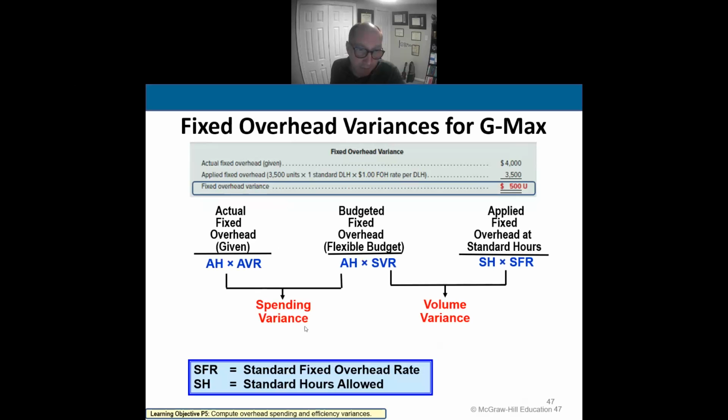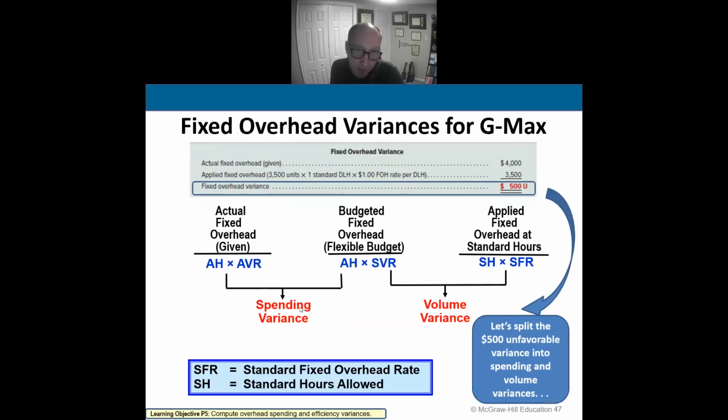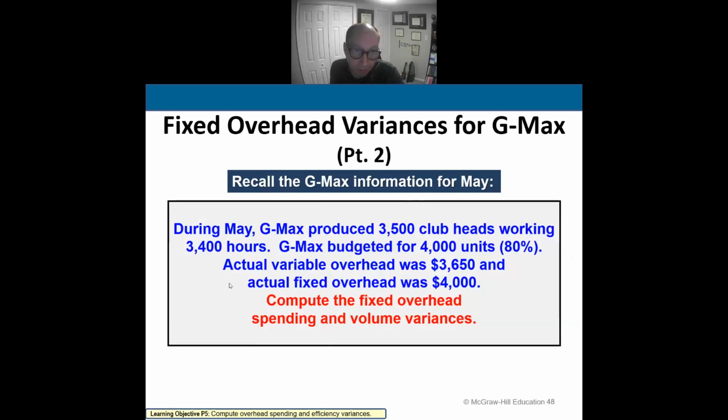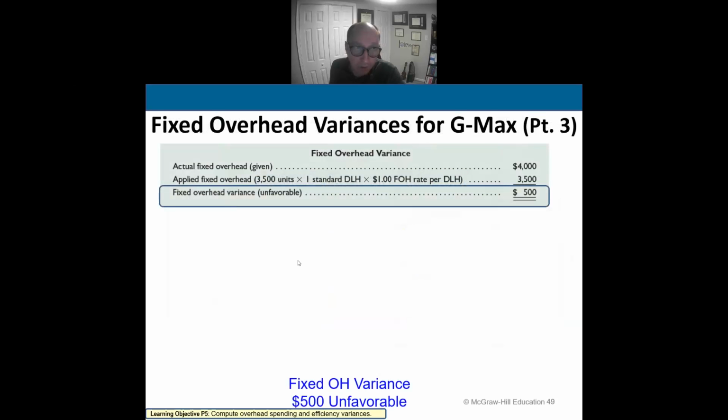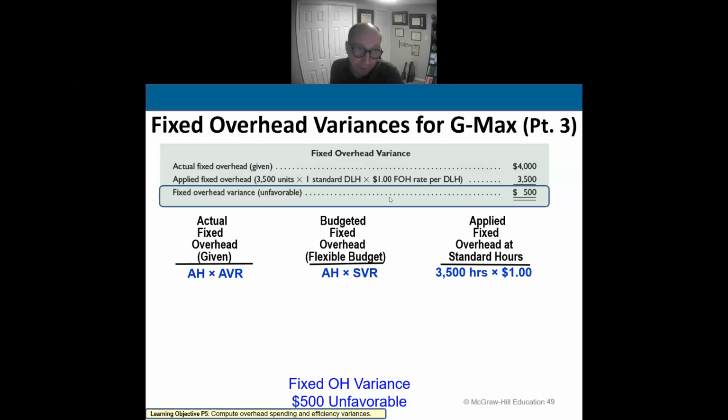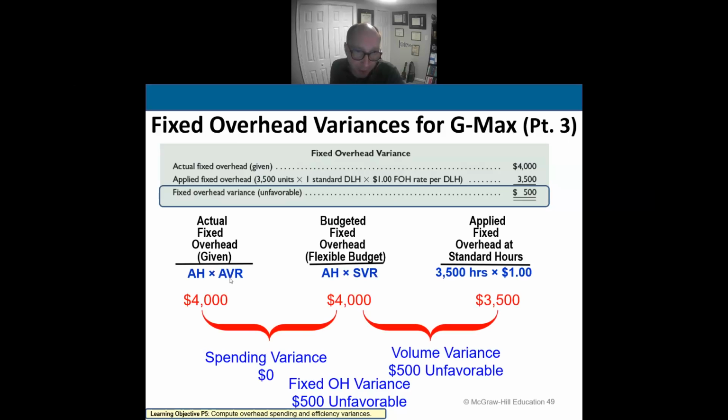You can find the same for spending variance and volume variances, actual minus the applied. Actual fixed minus applied fixed, then find the fixed overhead variance. Actual minus the applied.